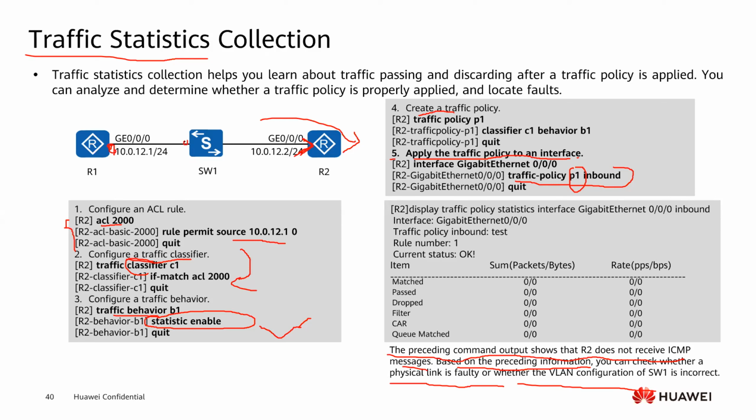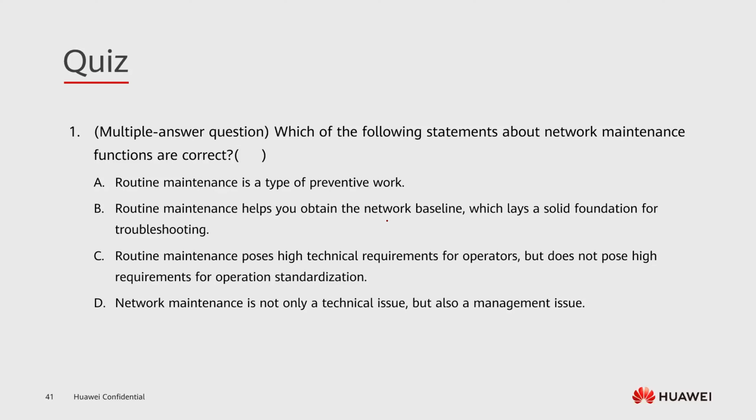If this interface is VLAN 10 and this interface is VLAN 20, in this way R2 can't get the SNMP request packet. So that's why we use traffic statistic collection.